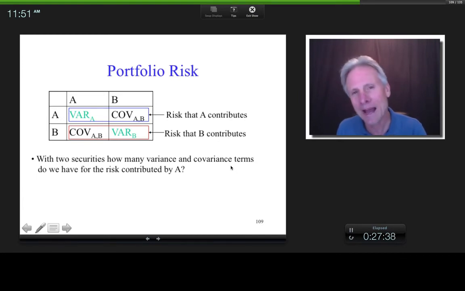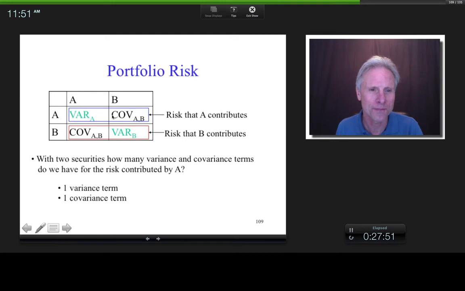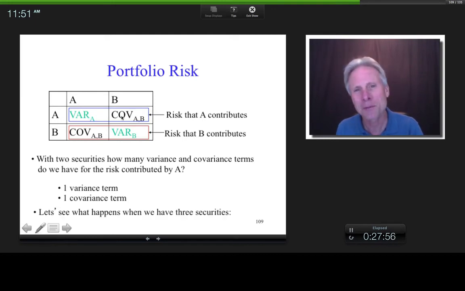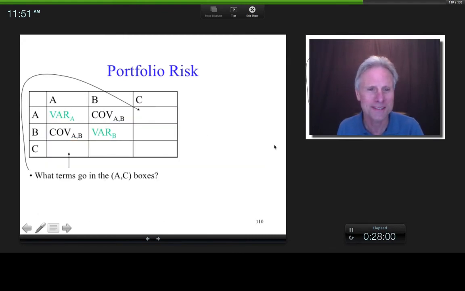So where we are right now, with two financial securities, if we look at how much A contributes, how many variance terms do I have, and how many covariance terms? Well, I have one variance term and one covariance term, right? So let's see what happens when we add another security. So now we have three securities. Well, what terms go in the AC boxes? A variance term or a covariance term? Covariance, right? Covariance between what?